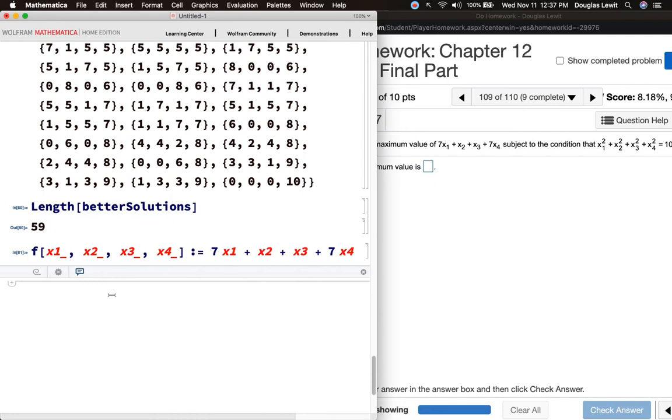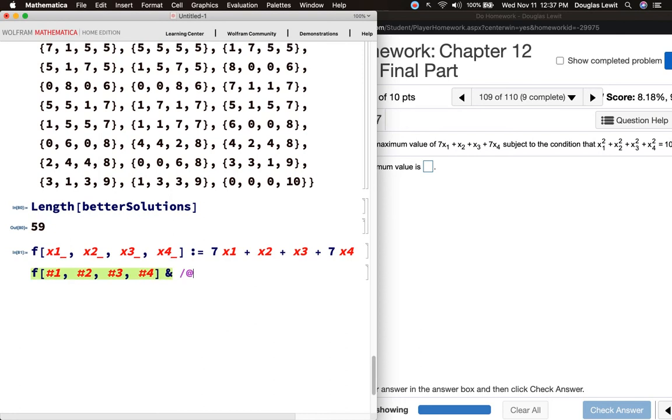Let me see here. How would I want to do this? So we're going to have f apply. I'm going to use what's called an anonymous function in Mathematica. The first number, second number, third number, fourth number. I have to end it with the ampersand.